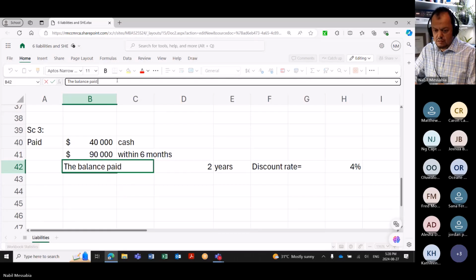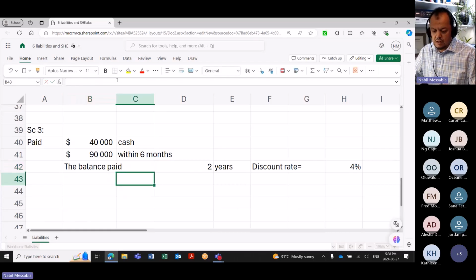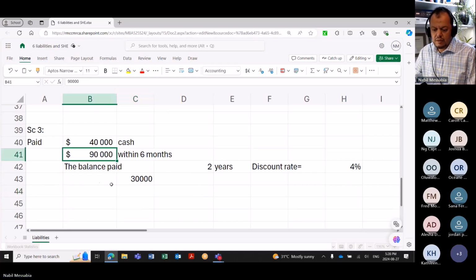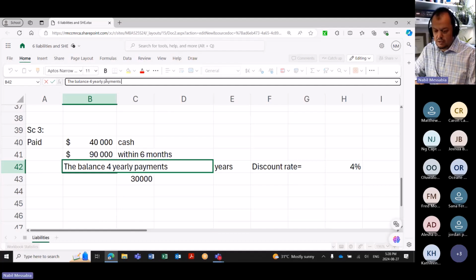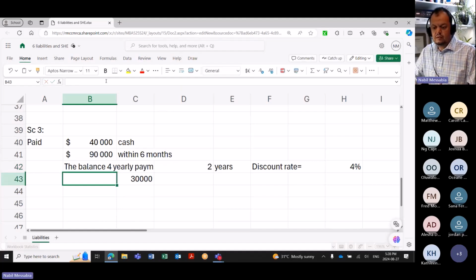paid through, let's say, $30,000 each year. Okay, the balance is for yearly payments of $30,000 each.